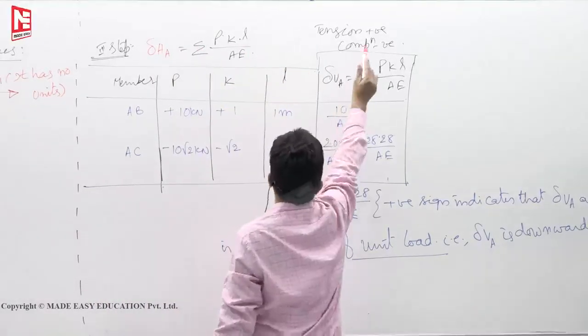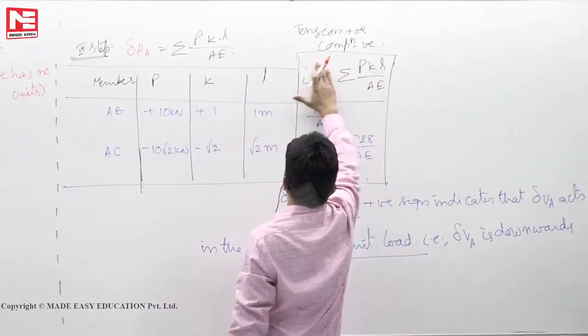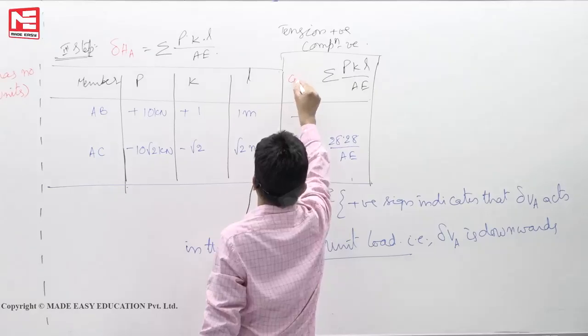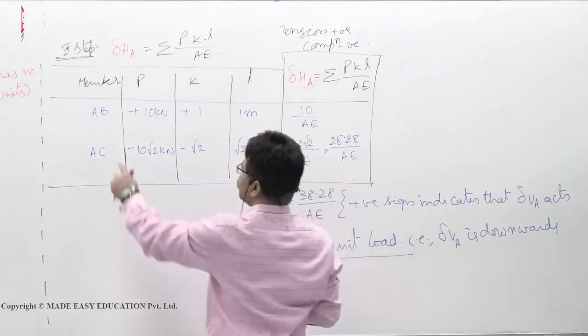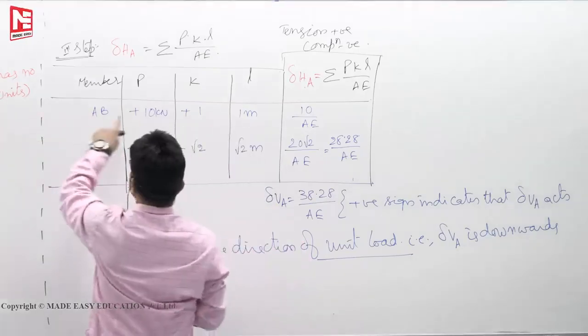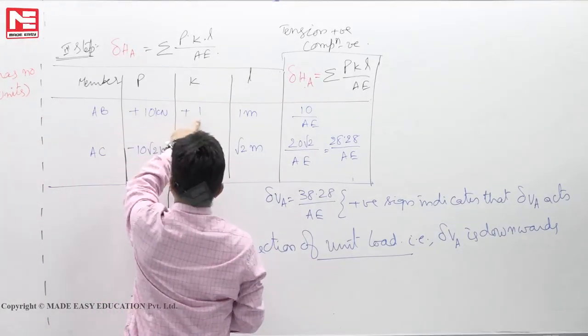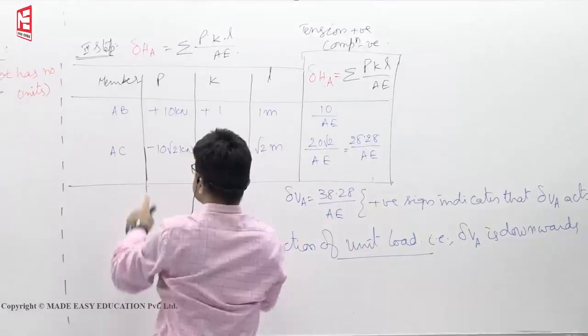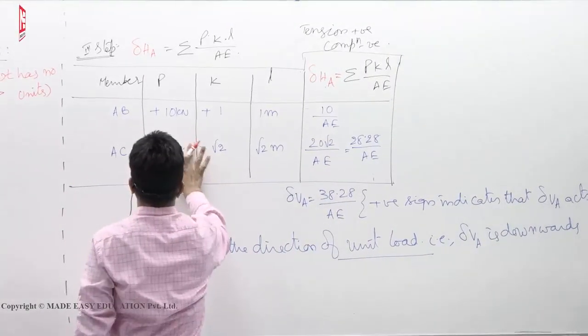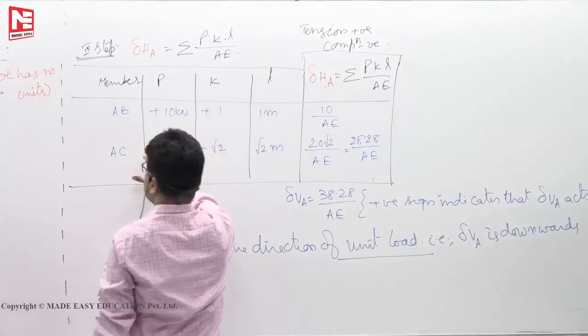Formula is same. Tension positive, compression negative. This we have to change. Delta horizontal displacement of A. Then AB. P value is 10, K is 1, length is 1, 10 by AE is same. AC member. You see here, AC member, what happens in this second table?